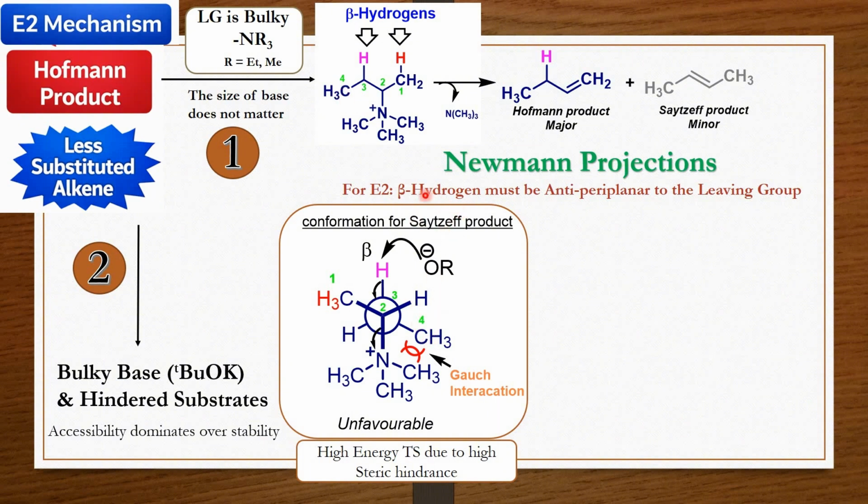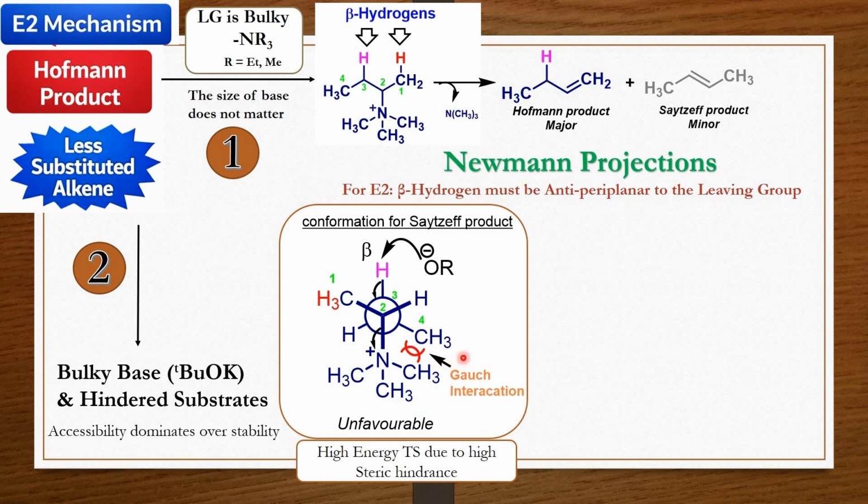When you put the beta hydrogen anti-periplanar to the leaving group, you get this kind of conformation for the Saytzeff product. And you can see that there is a gauche interaction between this methyl group, which is present on carbon 3, and this bulky leaving group. Due to this interaction, the transition state has very high energy, and hence this is an unfavorable transition state.